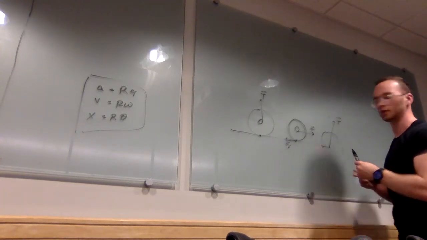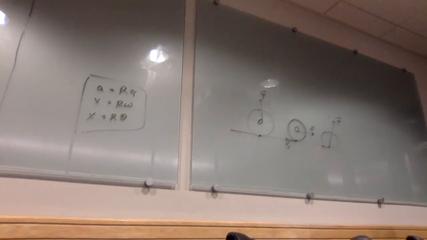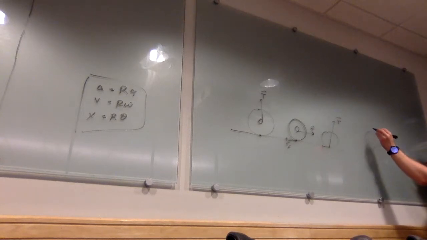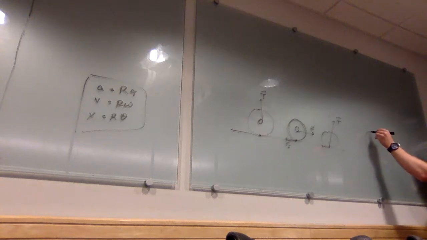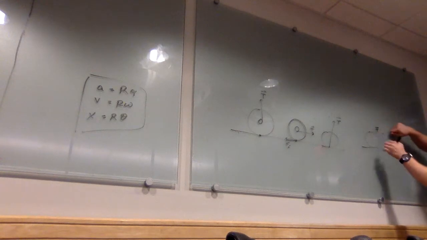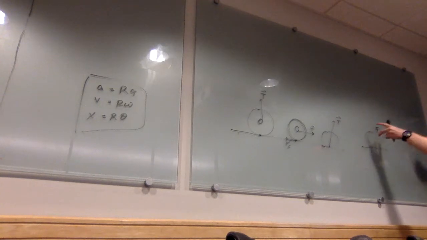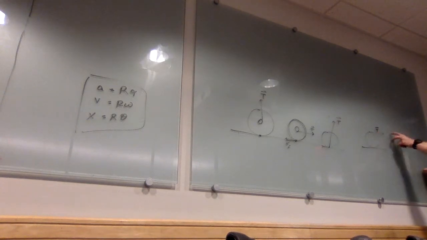Okay. Hold on. Let me take it, because it's rolling. Well, let me draw another one. So if we have a tension force, we're pulling this. This is going to want to make it go this way, right?